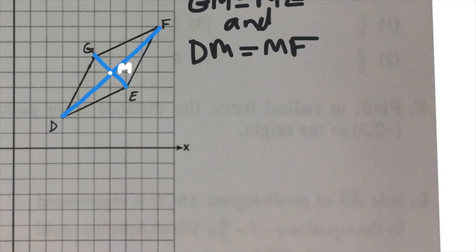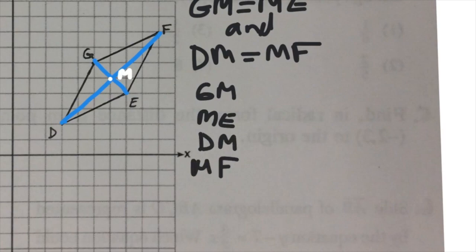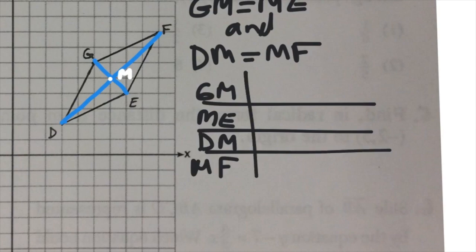So I need to find 4 lengths there. So let me make a little chart here to organize my thoughts. I need to find GM, ME, DM, and MF. To figure out their lengths, I'll figure out their slopes first, and then I'll figure out their lengths second.